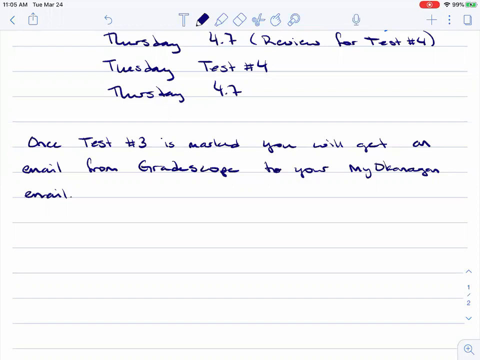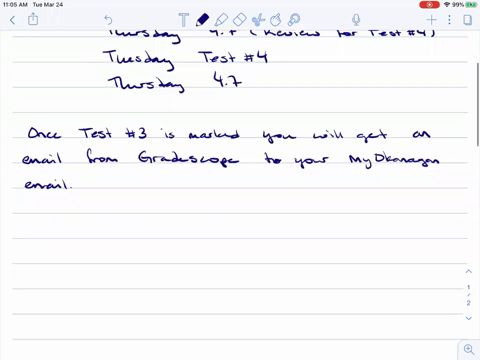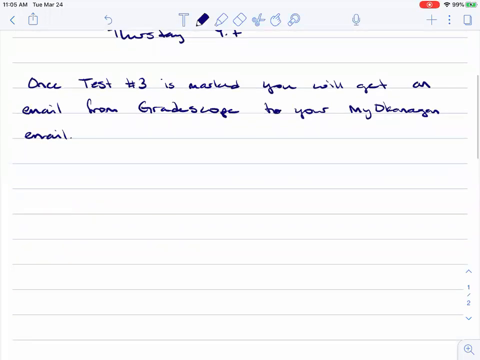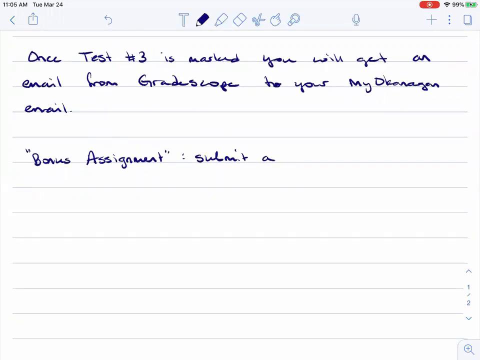It's also how you'll be submitting test 4 and the final exam. And so what we're going to do, and I'll send out an email later, of course, but there's going to be a bonus assignment where you have to submit a document, and we'll specify what that document is.